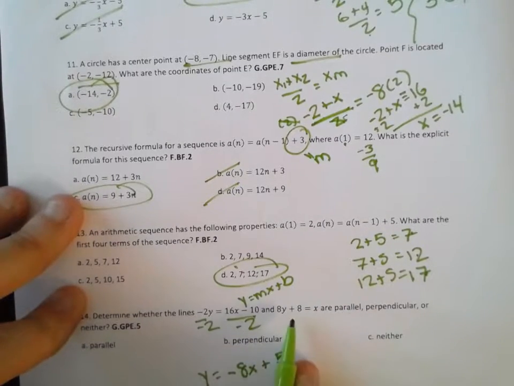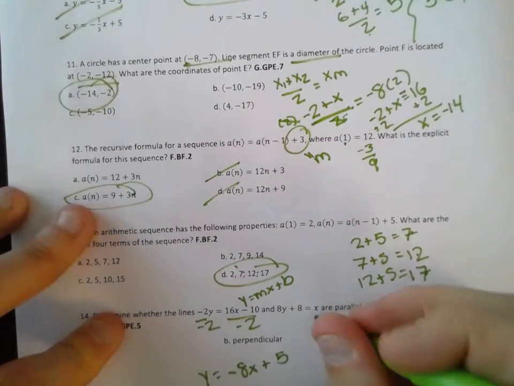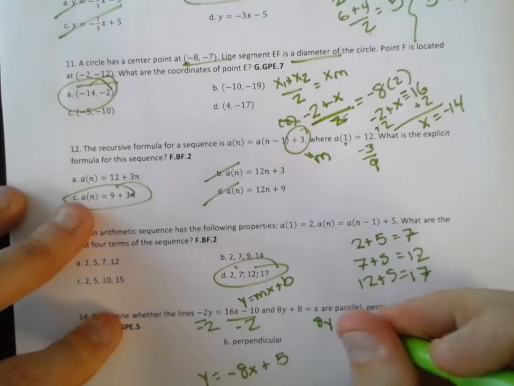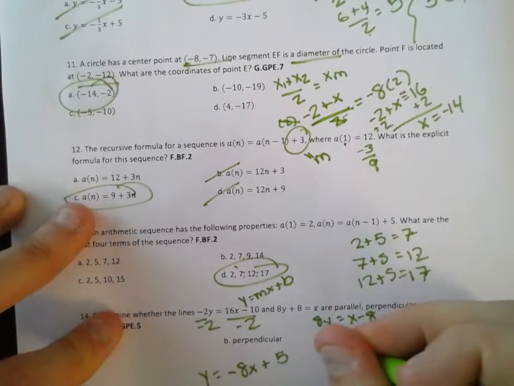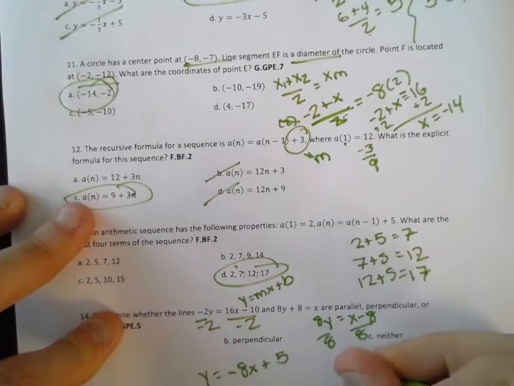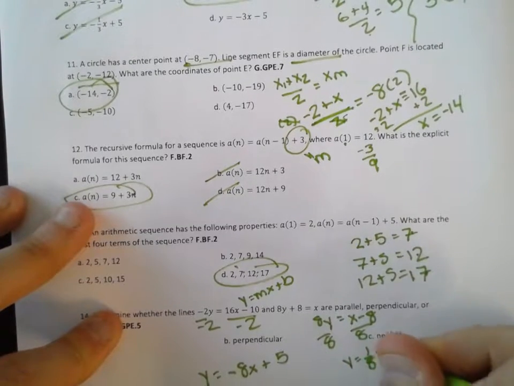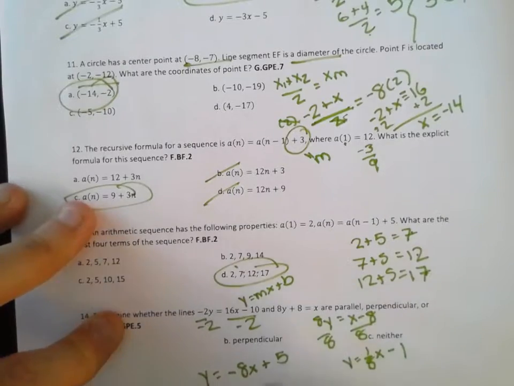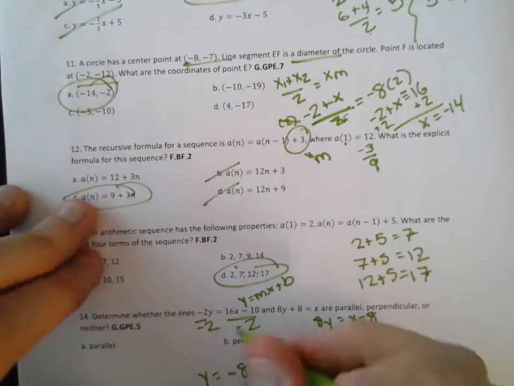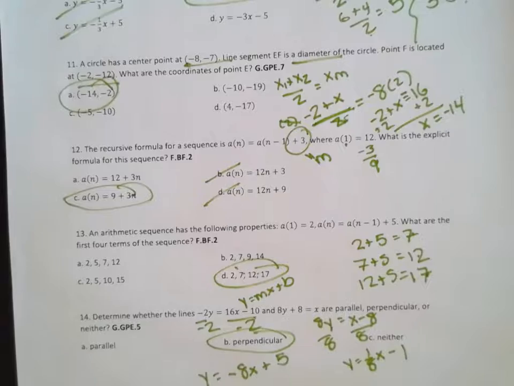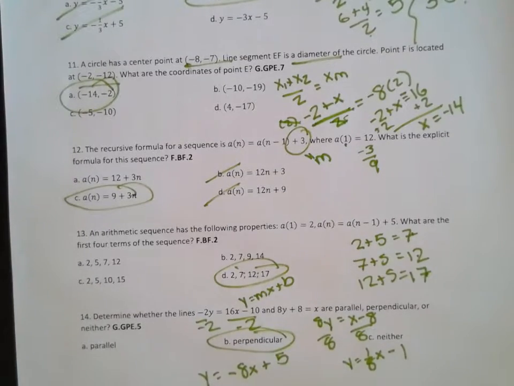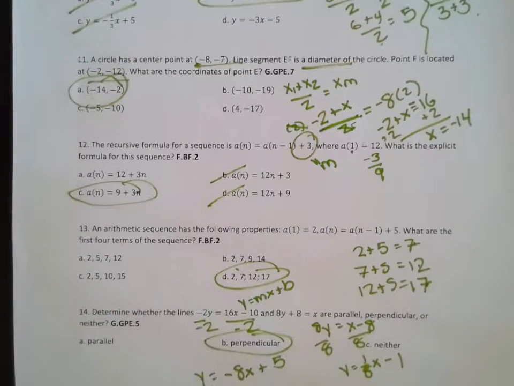Here, I have to subtract x, so I have 8y equals x minus 8, divide by 8, and I get y equals 1/8 x minus 1. 1/8, negative 8, those are negative reciprocals. That's perpendicular. Again, if you have to know the slope, you have to put it in slope-intercept form first.